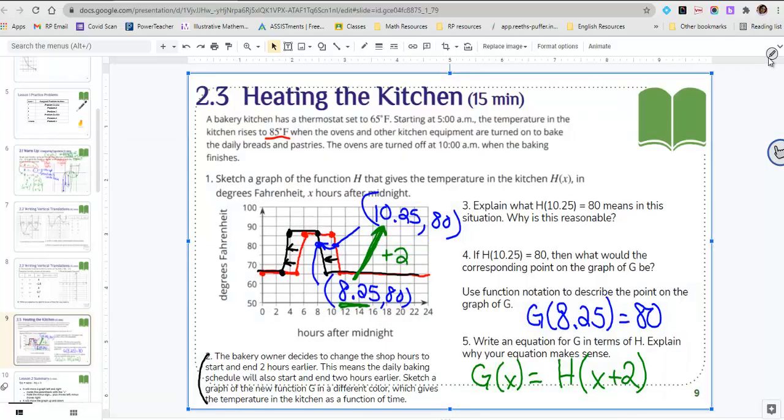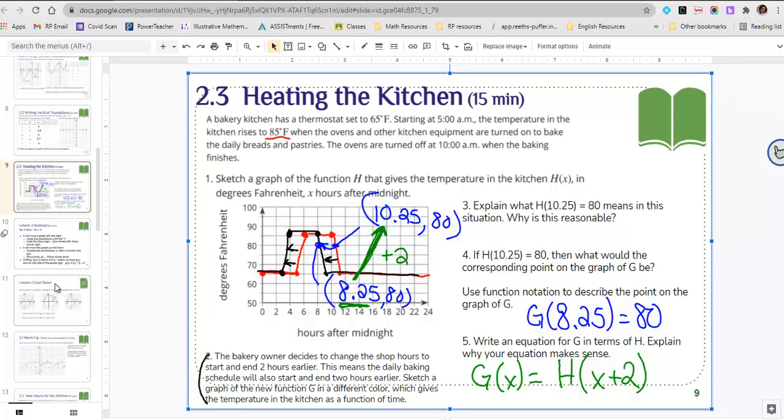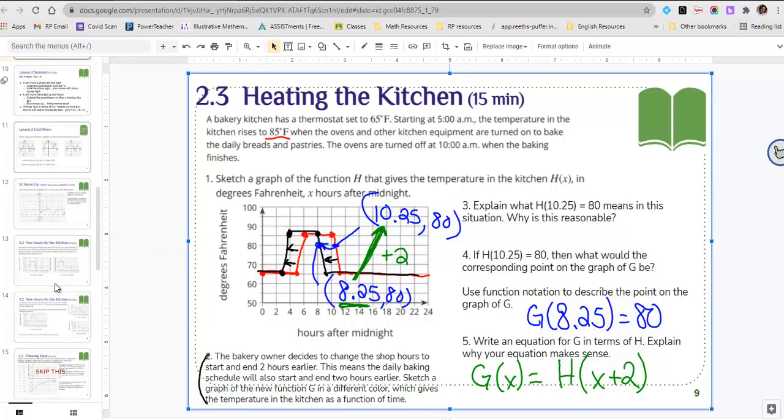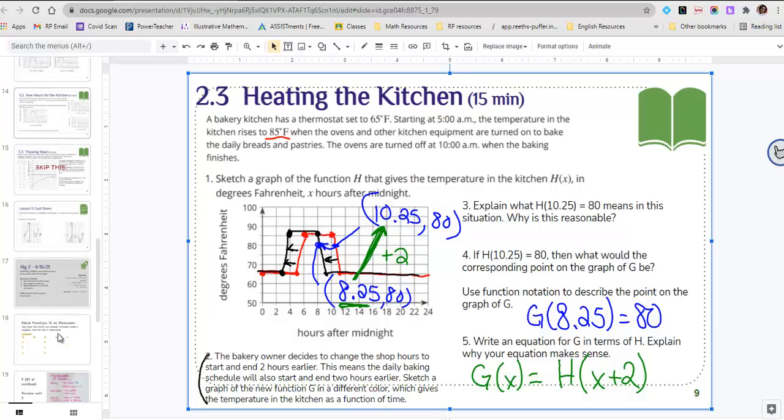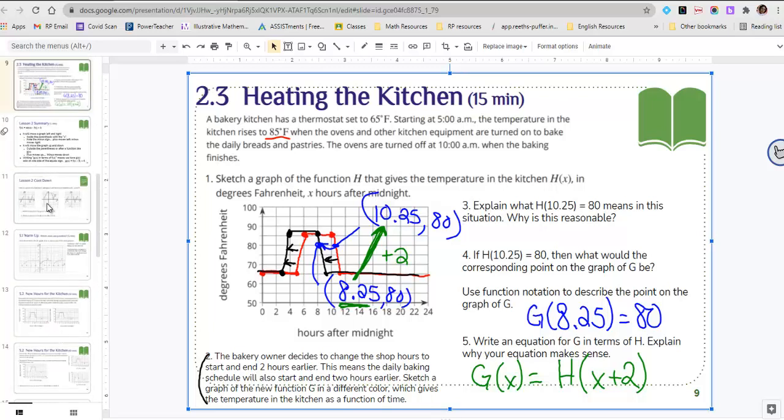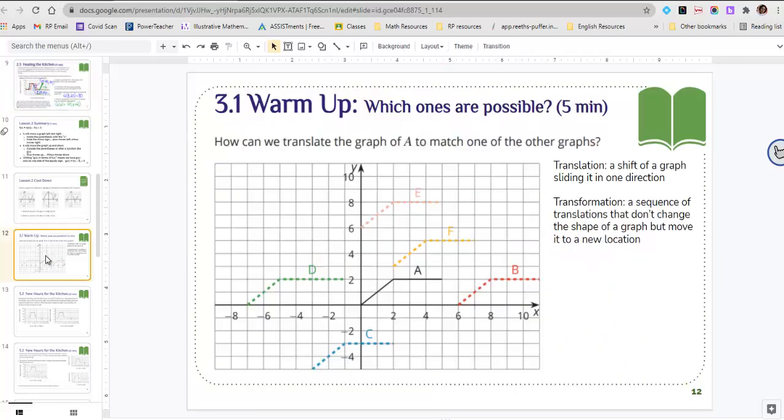And now it's your turn to check your understanding with this. We'll come back and do our cool downs for 2 and 3, but this is our last section we're going to do in our workbooks together.